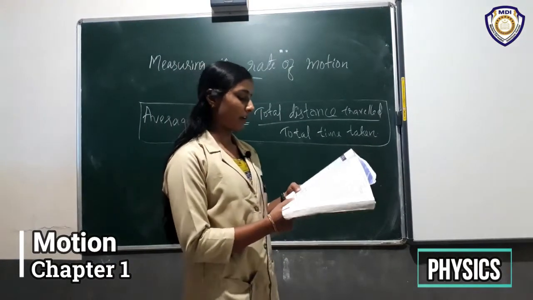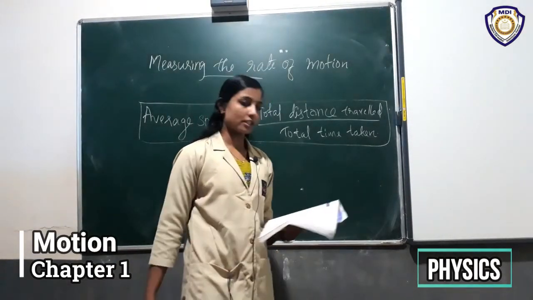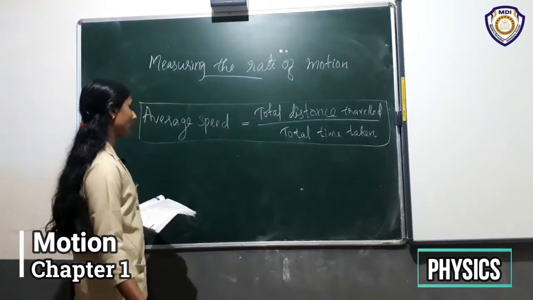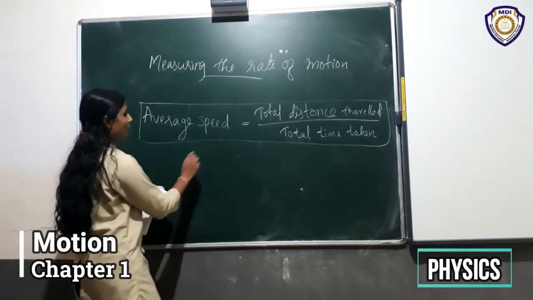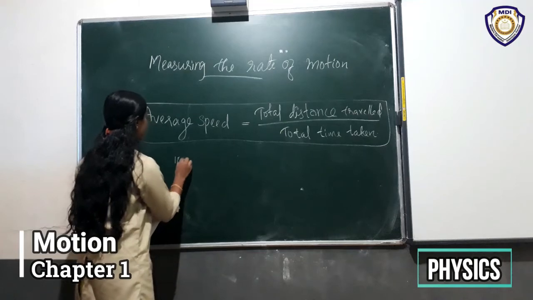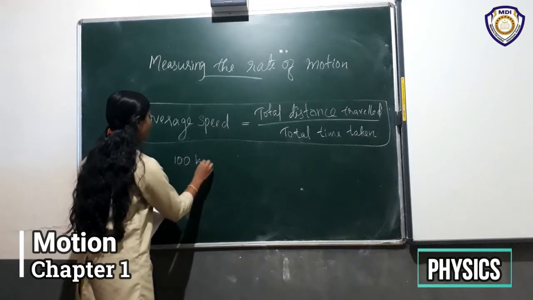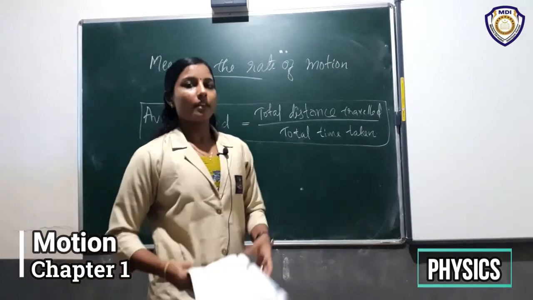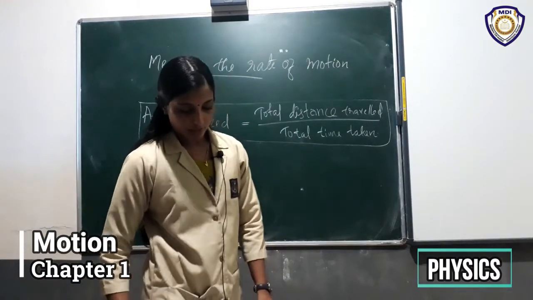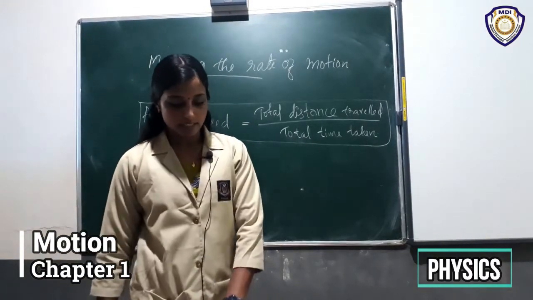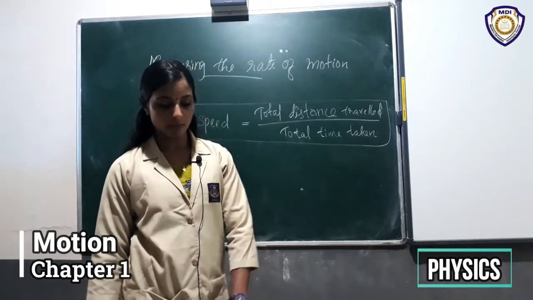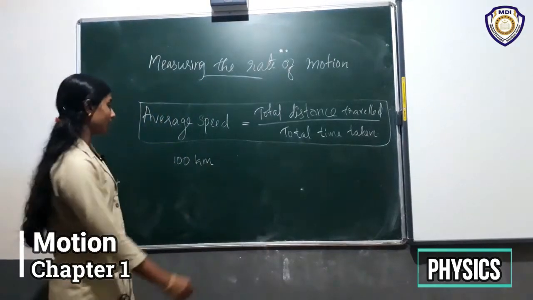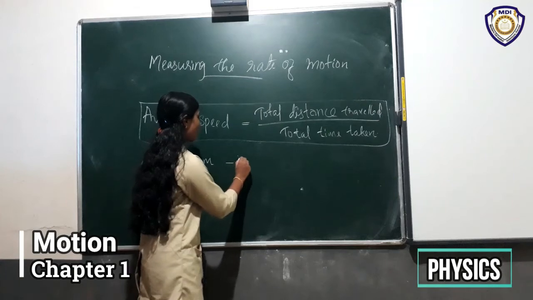A car travels a distance of 100 km, that is, the total distance is 100 km, and this is travelled within a time of 2 hours.